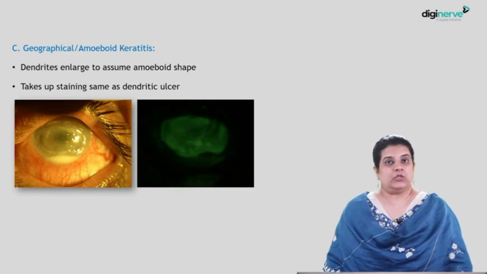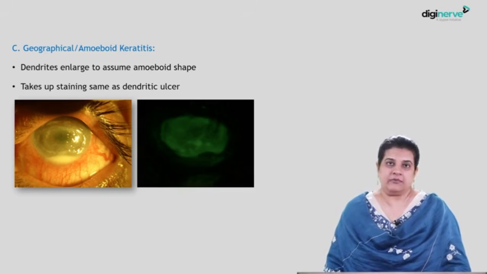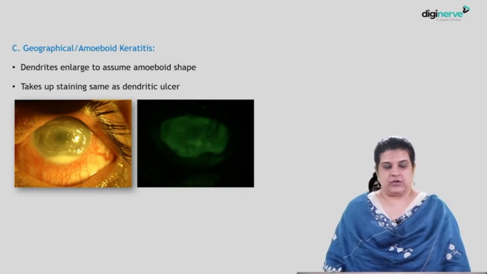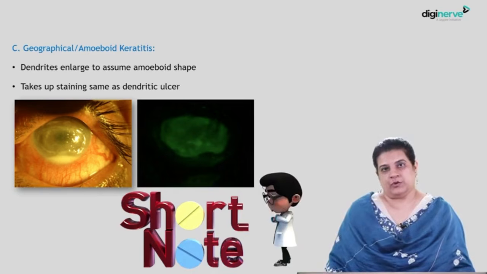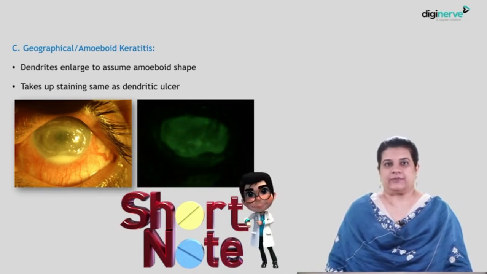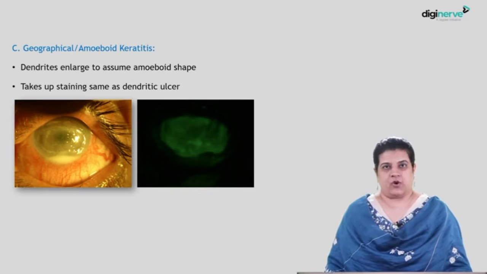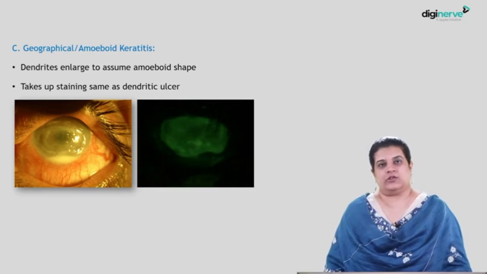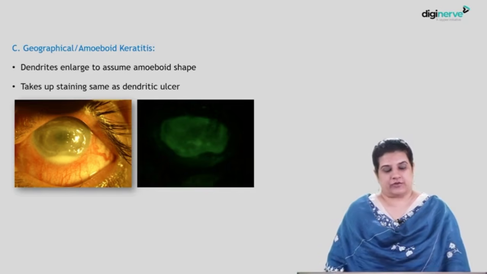Now, this can also go on to progress as a geographical ulcer or can present as an amoeboid keratitis. Now here, the dendrites enlarge to assume amoeboid shape. So initially, we had thin, narrow dendrites. Later, they coalesced to form a dendritic ulcer. And when they coalesce to form a much larger ulcer or they involve a much larger corneal area, they form a geographic ulcer.